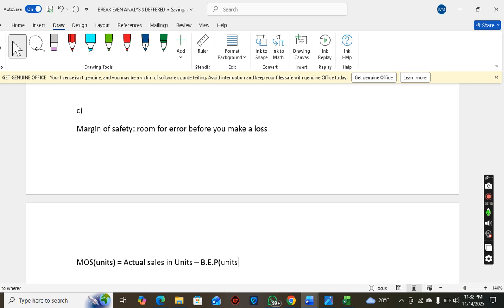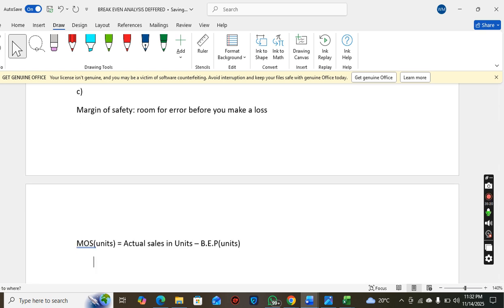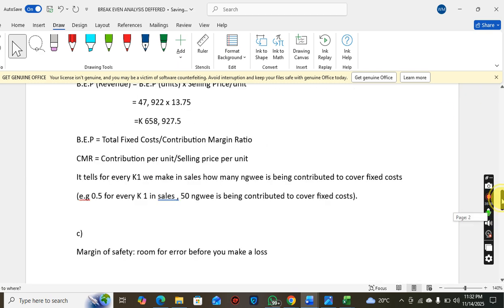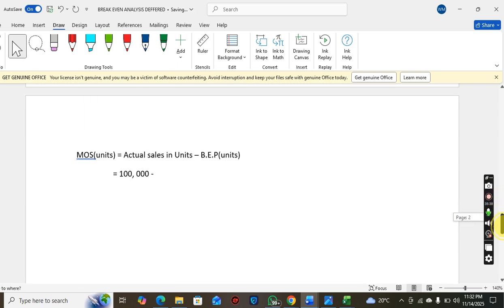So sales in units 100,000, minus our break-even in units, which was 47,922.